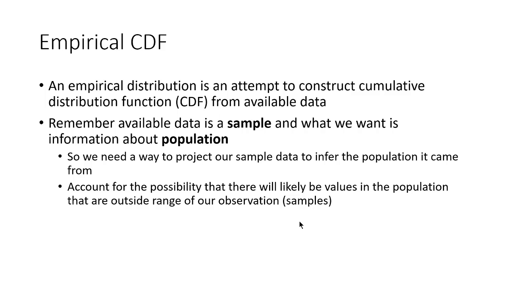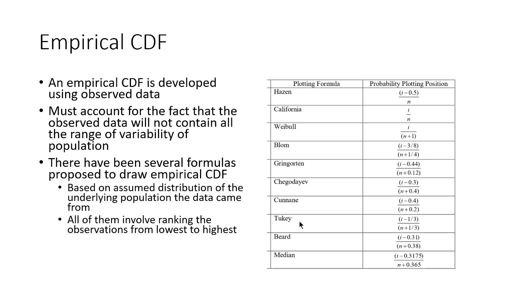Unless we have performed a census and measured every possible value a random variable can take, it's safe to assume that our sample range is a smaller subset, so our population range will be larger than our sample range. So somehow, when we construct this empirical CDF, we need to factor this in. Again, the empirical CDF is developed using observed data, and must account for the fact that the observed data will not contain the entire range of variability of the population.